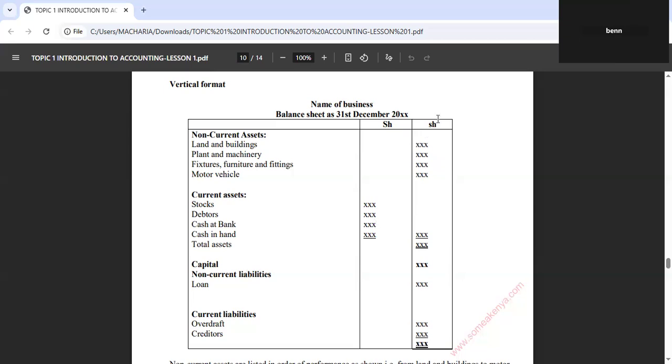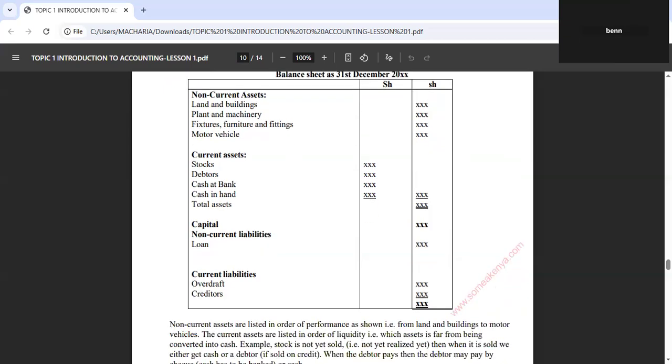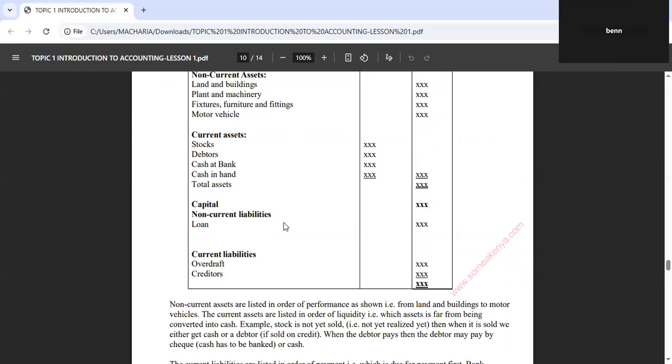When you add this one and this one, they give us the total assets, which should balance with capital and liabilities. Capital, then we have long-term liabilities and current liabilities, so that this total and this total are the same. Good. I'm seeing a question here. Let me see.